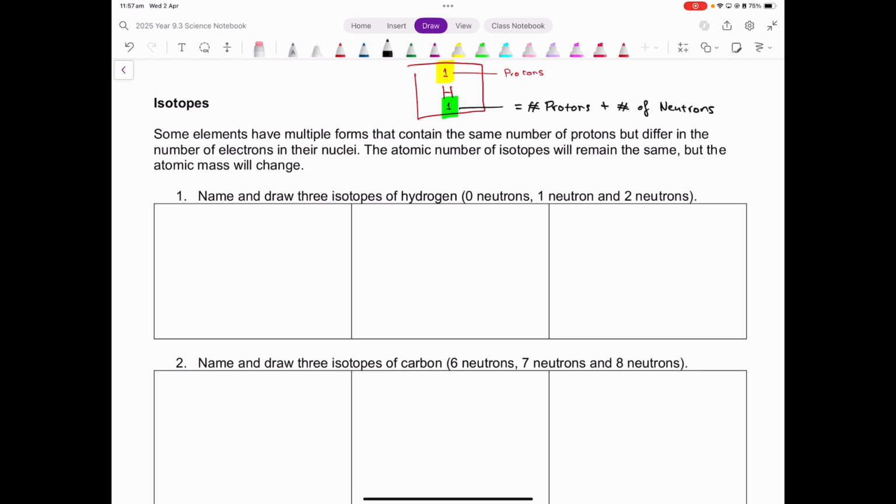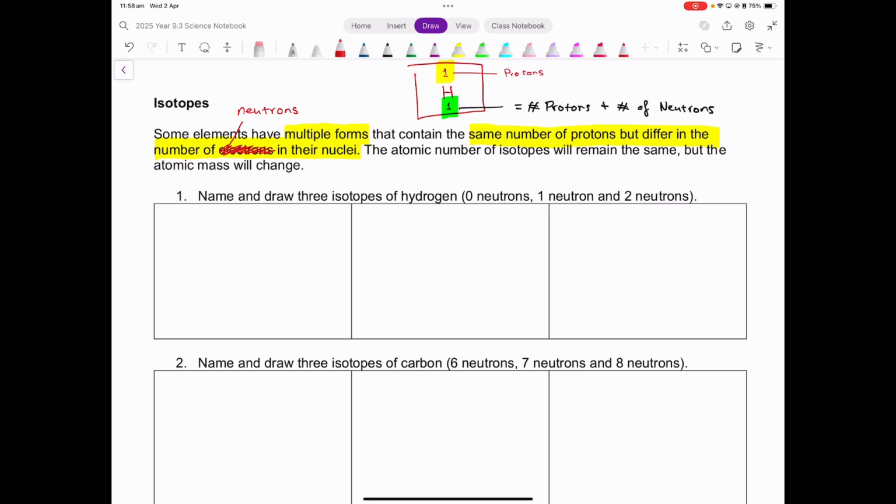Now, some elements, okay, have multiple forms. And in these multiple forms, they have the same number of protons, but they have different number of, this is wrong, I'm going to cross it out. They have different numbers of neutrons. So if that's a typo in your booklet as well, can you please fix that one?